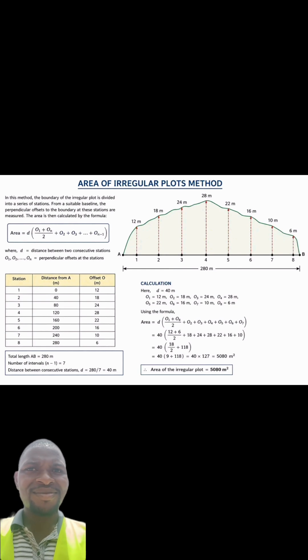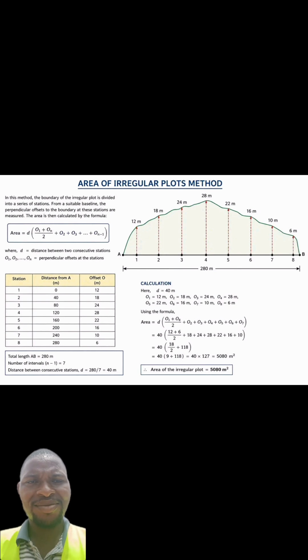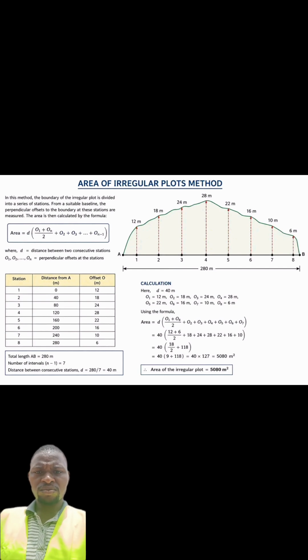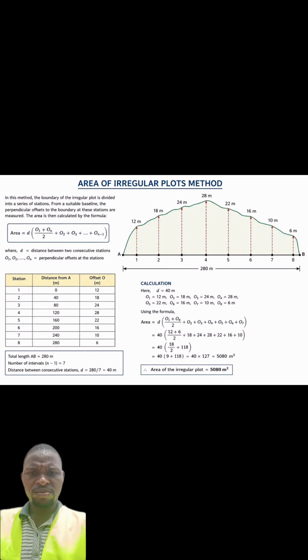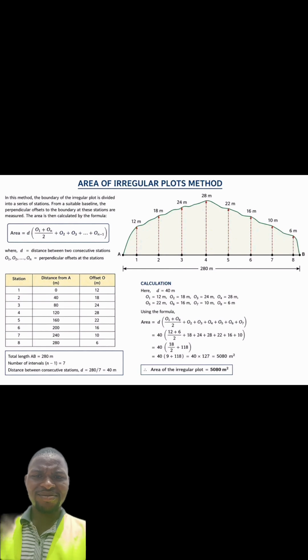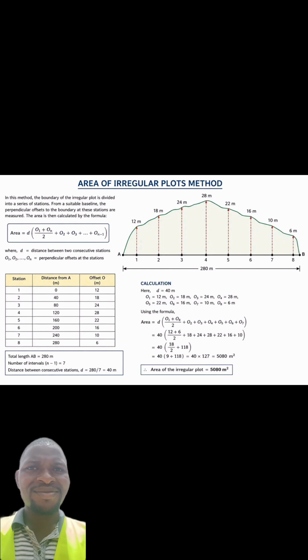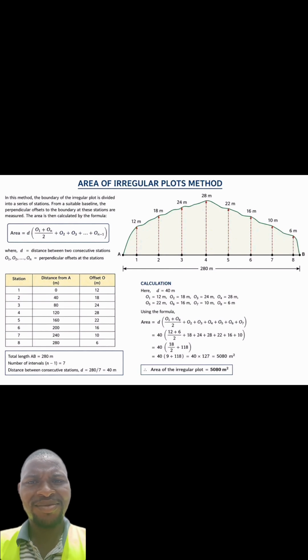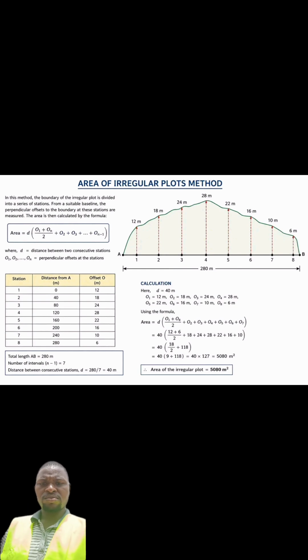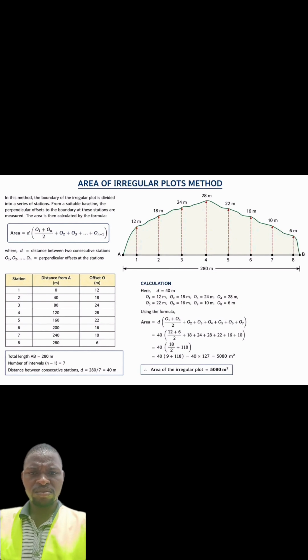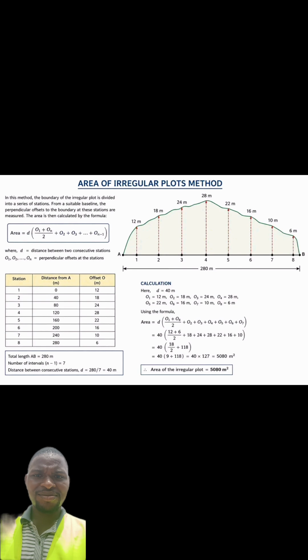We can take a look at this table here. We have our stations, station 1, station 2, up to number 8, then the distance from A in meters. From station 1 we have 0, with an offset of 12 meters. Station 2 is at 40, and the offset is 18, all in meters.